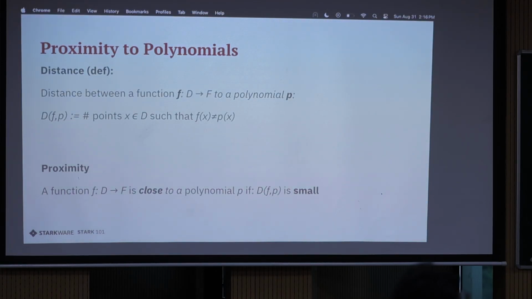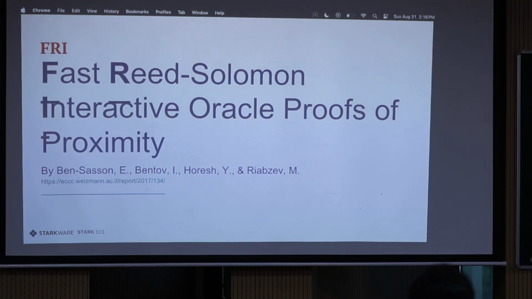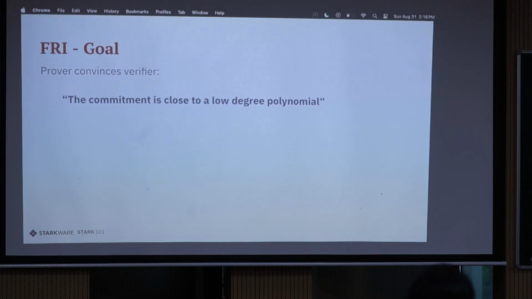For now, you can assume that it means equal to. This closeness comes from the fact that we're doing something called FRI, which I will show later. FRI gives us a guarantee of closeness. It does not give us a guarantee of complete equality. So we want to show that CP of x is close to a low degree polynomial.